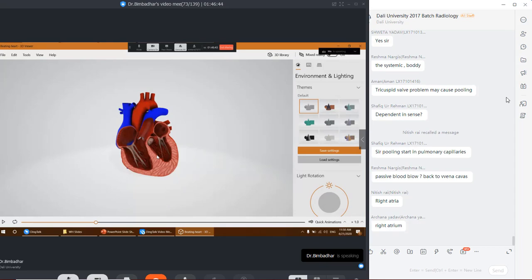The blood flow will be reversed, and now the lungs accumulate fluid. Inside the lungs, the fluid pressure has increased, which means the amount of blood entering the lungs cannot be compensated by the amount of blood leaving the lungs. Yes or no? So which is the dependent part here? Now this one becomes bigger. The pulmonary artery becomes bigger. Yes or no?